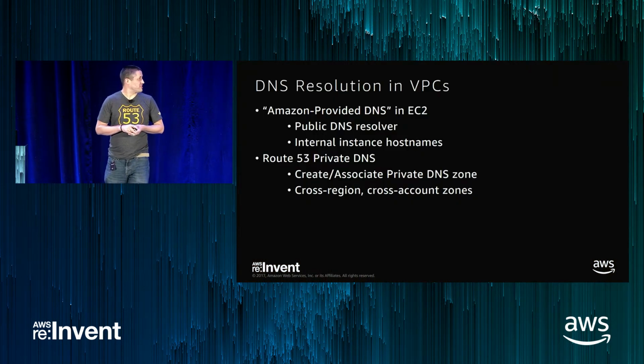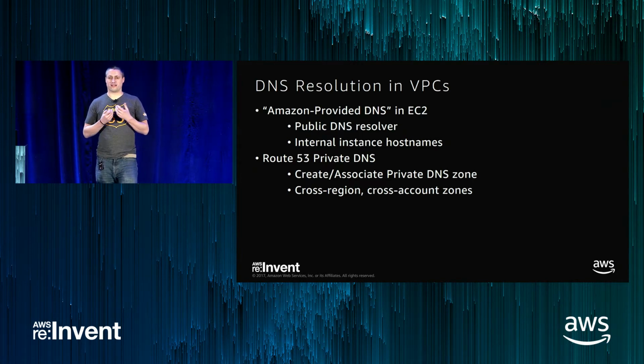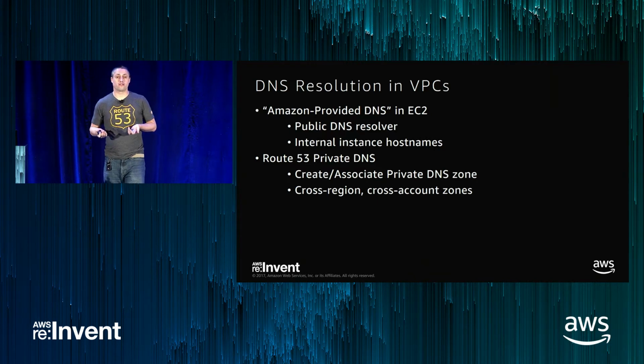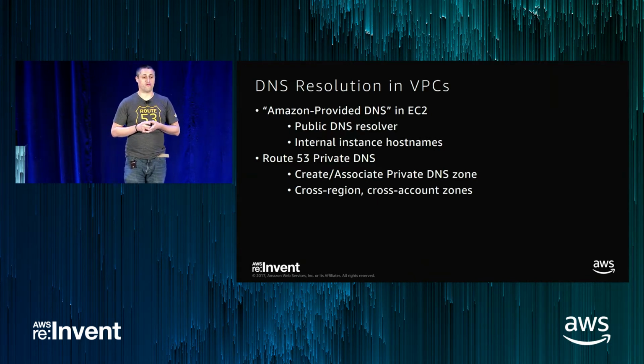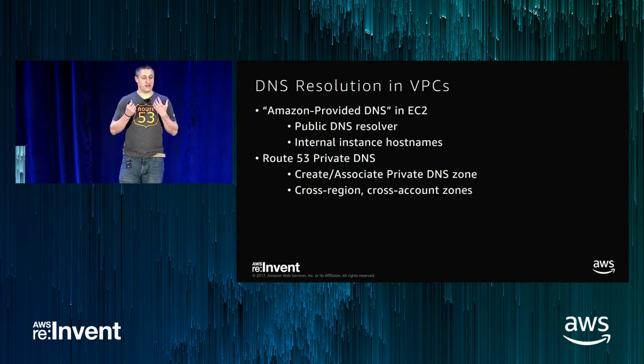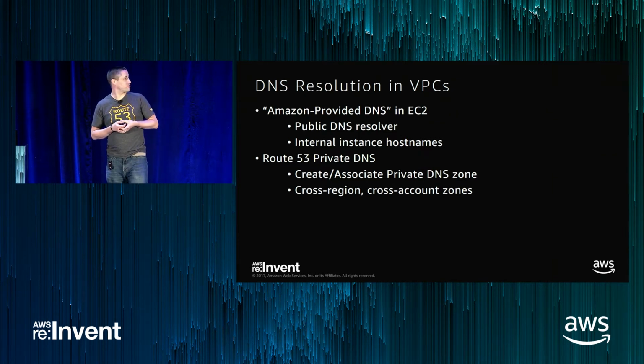When you set up a VPC, by default, we automatically enable a DNS resolver for you. And the DNS resolver includes host names automatically for all of your instances. If you want, as I say, to create arbitrary other Route 53 private DNS entries, you can do so.